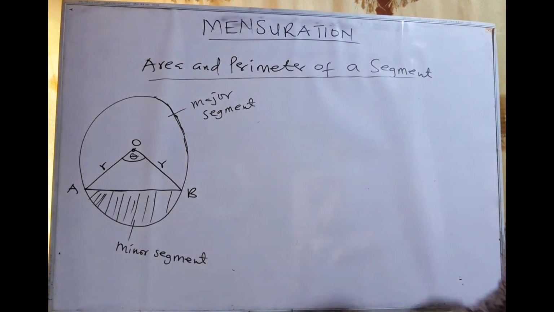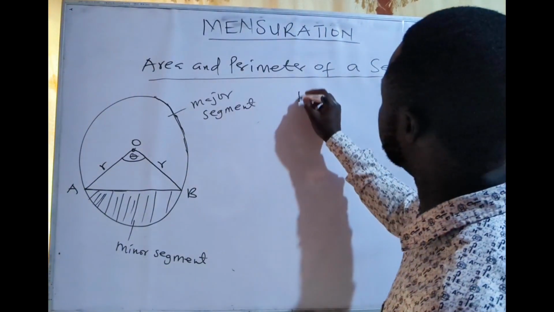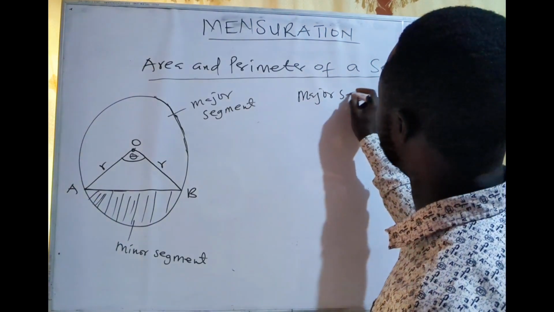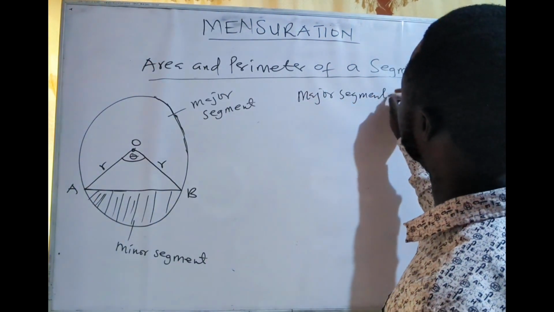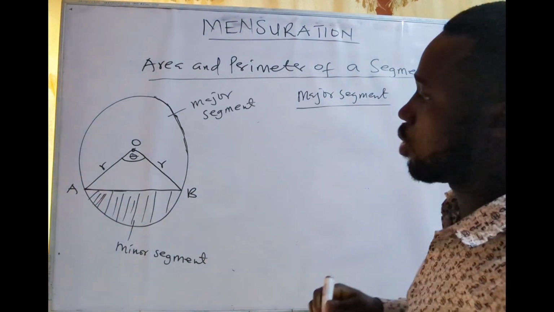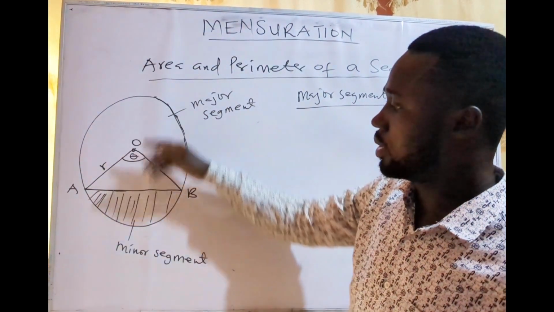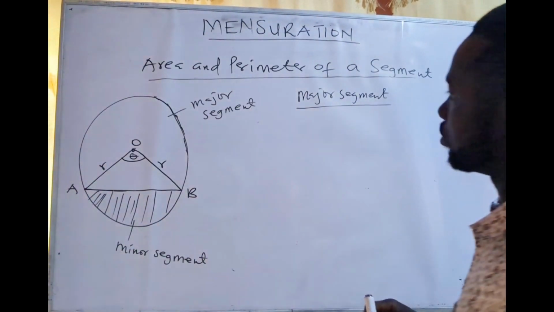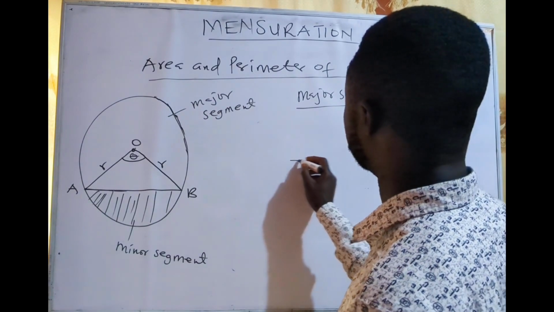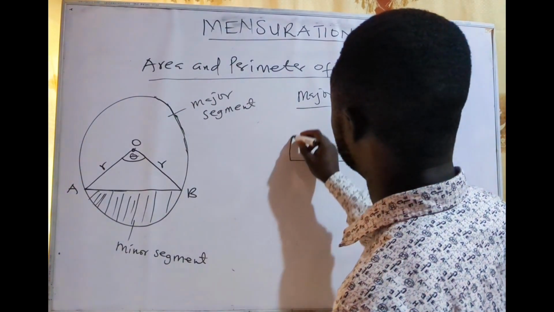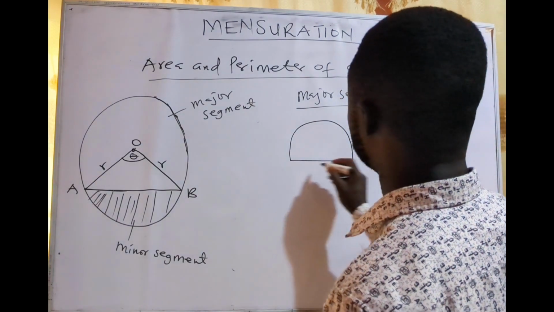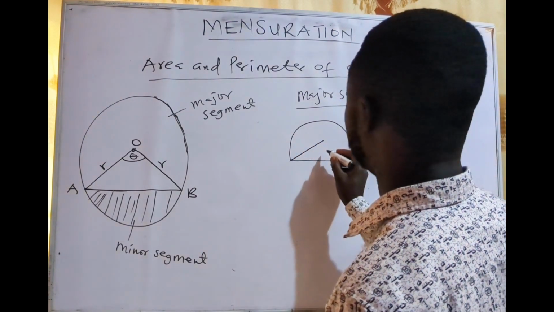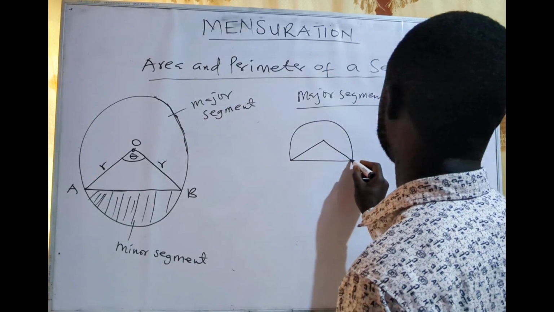Let's look at the major segment. You can see that the unshaded portion is the major segment. It can be like this, and then the triangle is within.